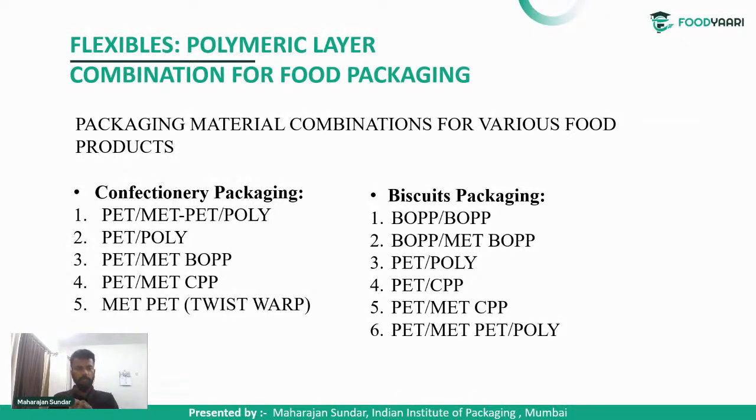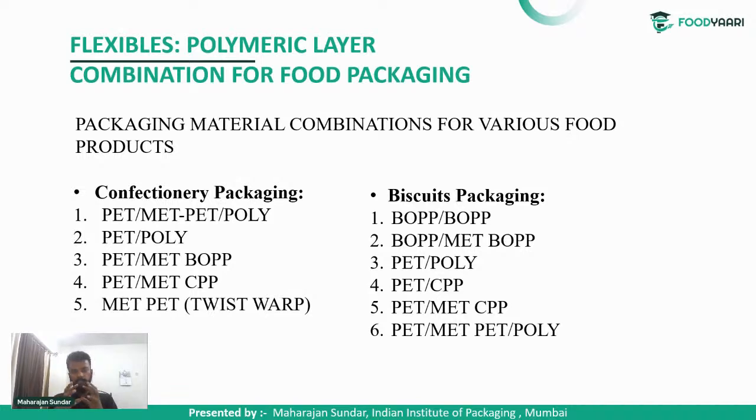Based on the product's nature, different packaging material requires different parameters, because biscuits need a moisture barrier and a gas barrier, chips need an absolute gas barrier, but biscuits don't need it absolutely.